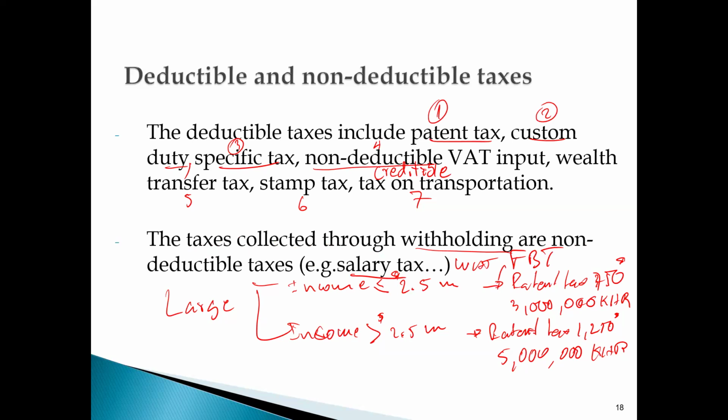You are a taxpayer and an agent of the tax department. When you make a payment of a benefit to the employee, you need to withhold and pay the fringe benefit tax to the GDT. That's why they call it tax collected through the withholding process. If you pay on behalf of those beneficiaries, this tax expense is not deductible. So just remember salary tax, withholding tax, and fringe benefit tax.